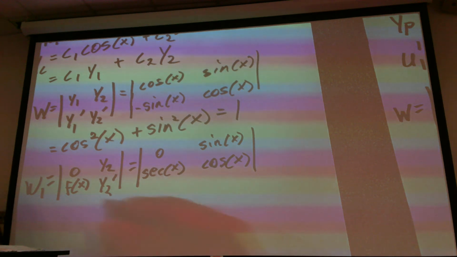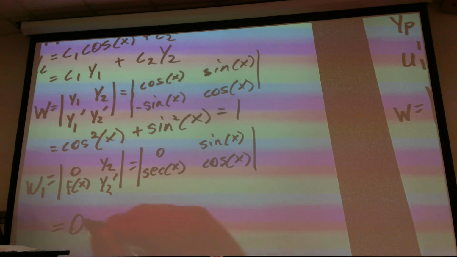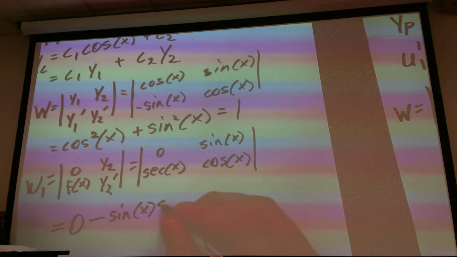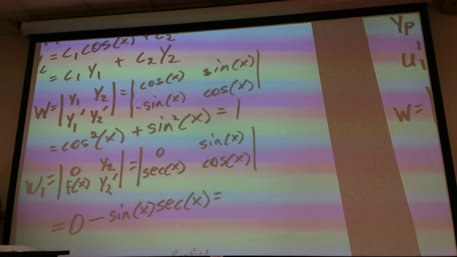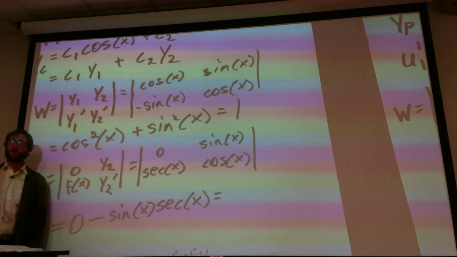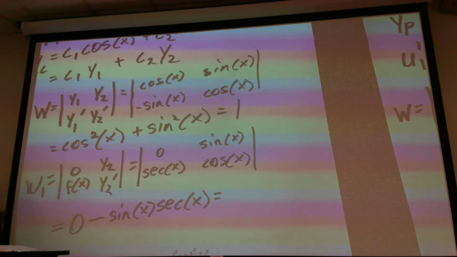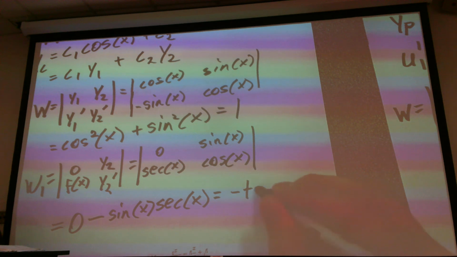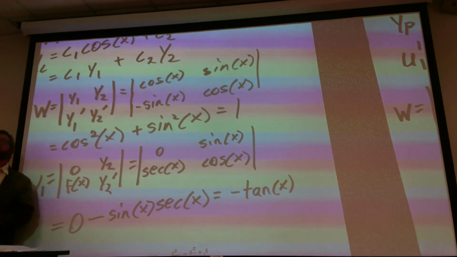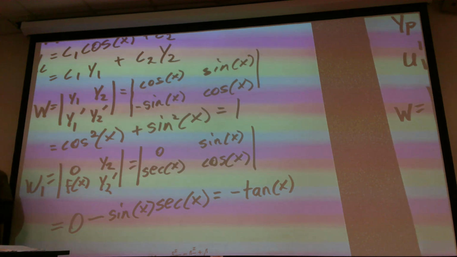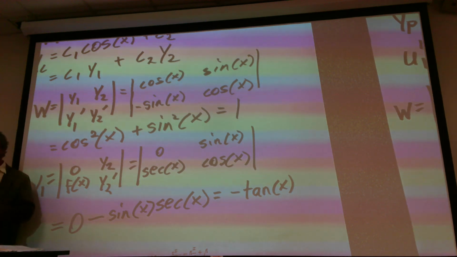So 0 times cosine is just 0. Now minus, that's a negative sine times secant. But remember that secant of x is 1 divided by cosine. So what does this really come out to? It comes out to negative tangent of x. Great, we found w1.